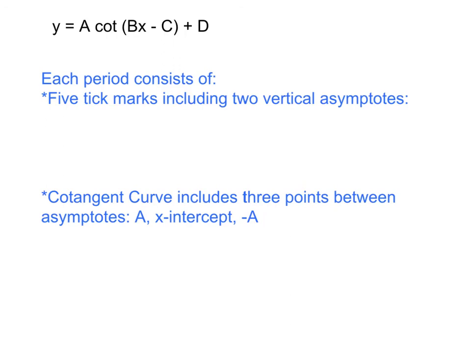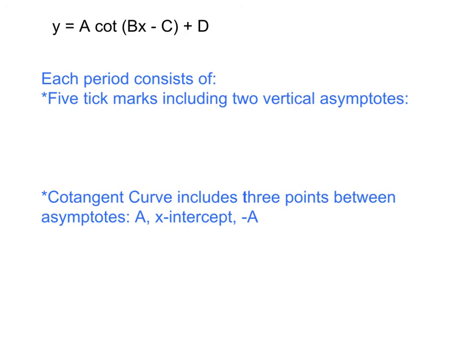Okay, let's look at the cotangent graph. I gave you the equation. You notice all the equations look the same. And then I said each period consists of 5 tick marks again, including 2 vertical asymptotes, because there are 2 places on our unit circle where cotangent was undefined.